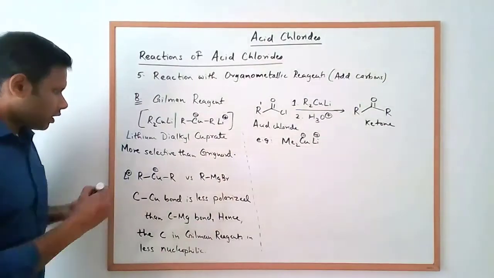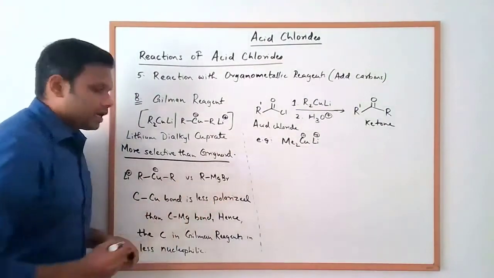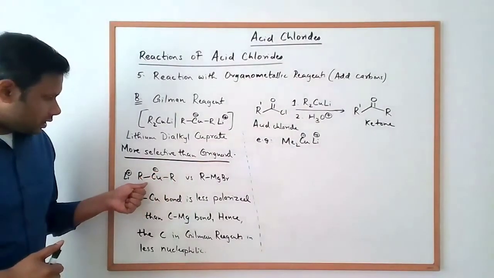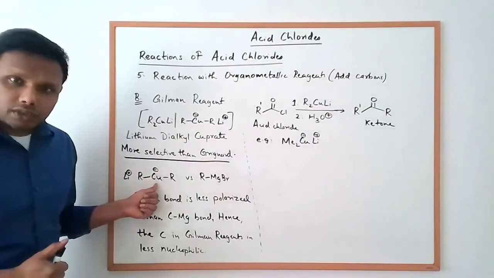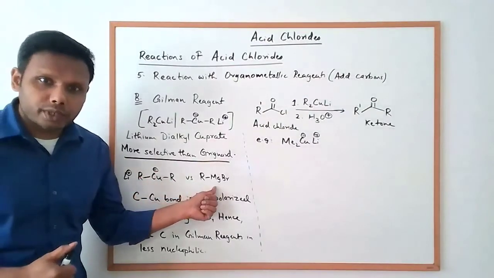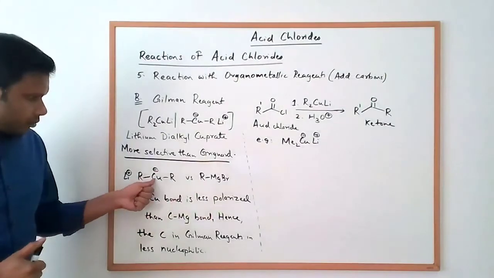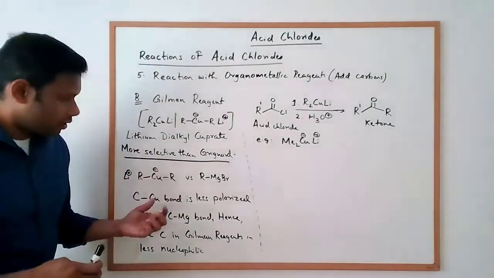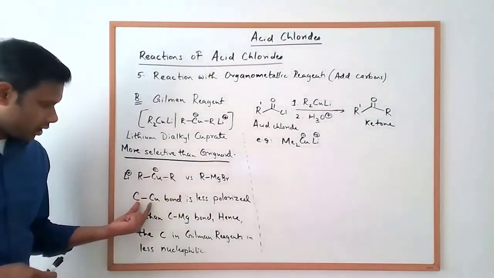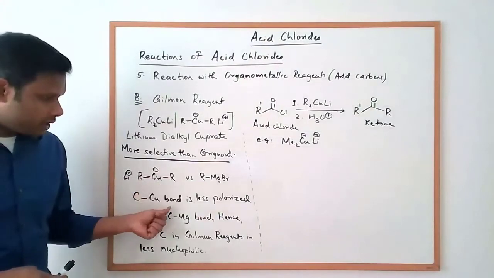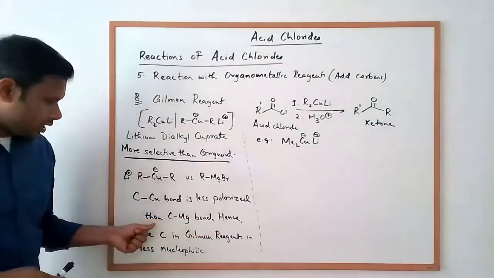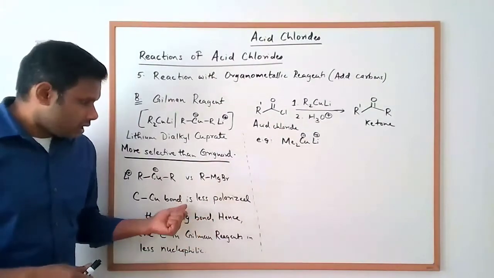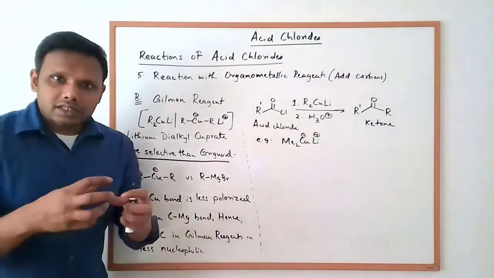Now, Gilman reagents are more selective than the Grignard reagents. And the reason is that when you compare the structure of the Gilman reagent to a Grignard reagent, the R group is a carbon-containing group, so the bond between the copper and the carbon in a Gilman reagent is less polarized than the bond between carbon and magnesium in the Grignard reagent. Less polarized means there is less charge separation.